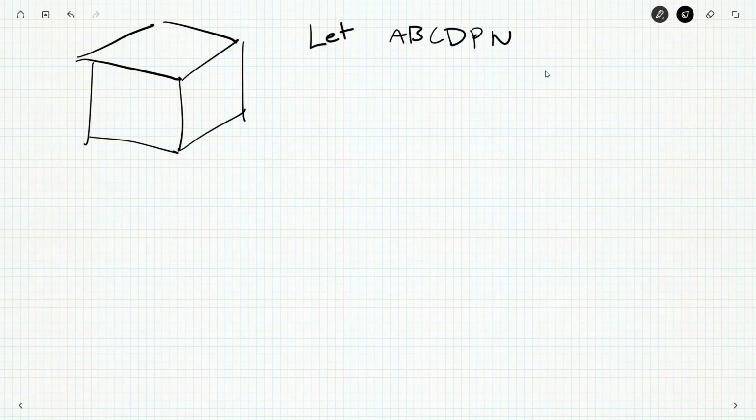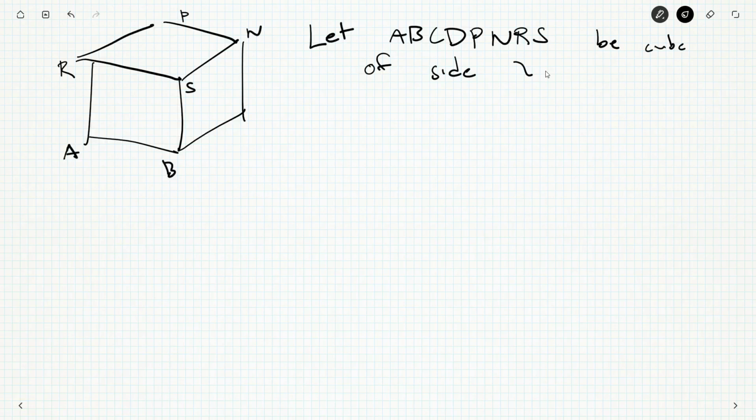We used P, M, N, so we wouldn't use M and P. Let's call it R and S. It'd be a cube of side length 2. So we'll put P here, N here, A, B, C, and in the back is D. But now we've got a cube of side length 2.